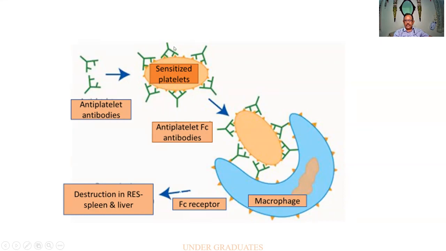Once antibodies get attached, the mononuclear phagocytic cells, the macrophages, which have certain receptors for the immunoglobulins, get attached, after which there is phagocytosis and destruction. So there are different types of receptors, C receptor, etc. And the main organs which will cause destruction are the spleen and the liver. This also we shall be coming to repeatedly in the pathogenesis.